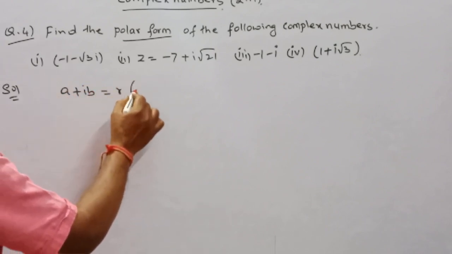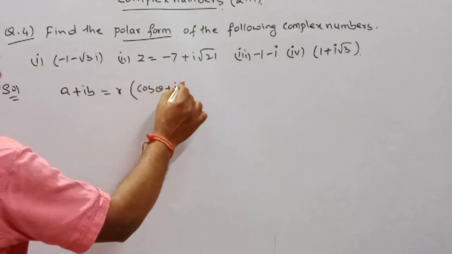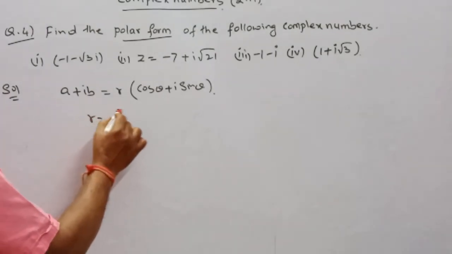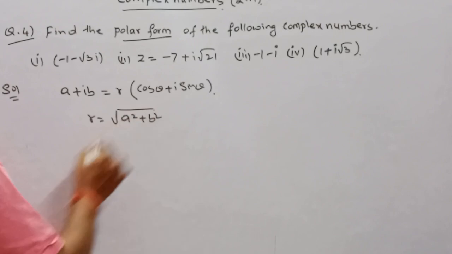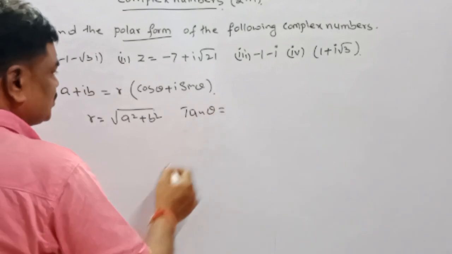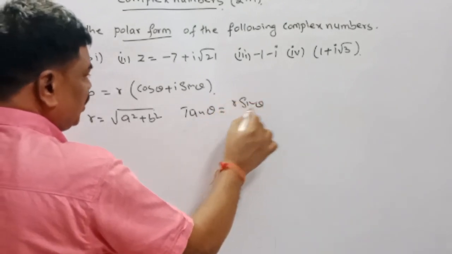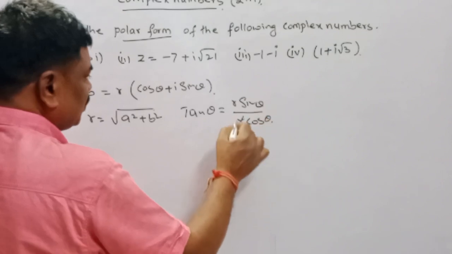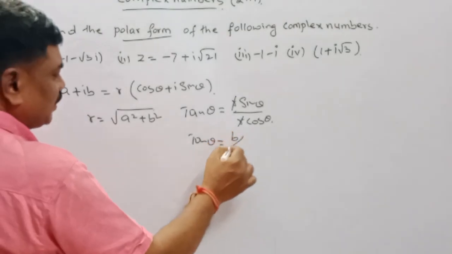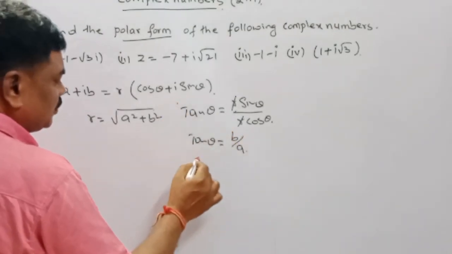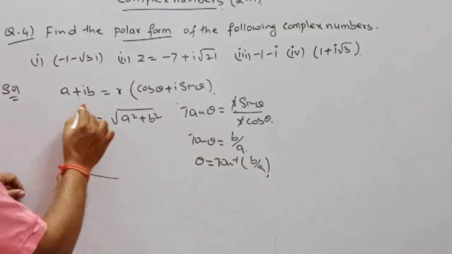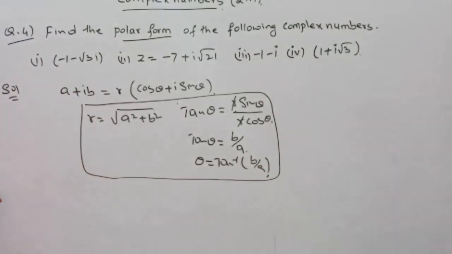The polar form is r into cos theta plus i sin theta, where r is equal to root over a square plus b square, and tan theta is equal to r sin theta by r cos theta, which is b by a. So theta is equal to tan inverse of b by a. You can use this formula for polar form.